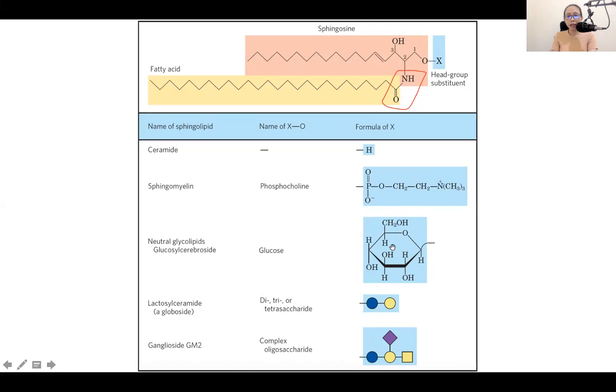And gangliosides, what is noteworthy about your gangliosides is that they commonly contain sialic acid. Naalala niyo si sialic acid dun sa hexose derivatives na pinakita ko sa inyo. Nandun si sialic acid. So sialic acid, you often see them in gangliosides.